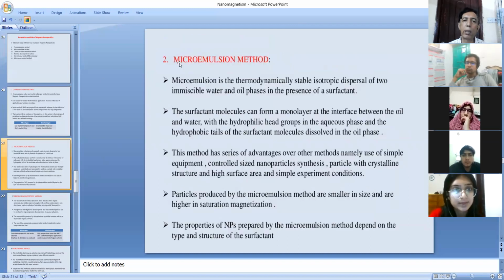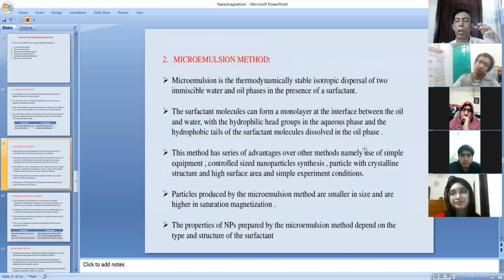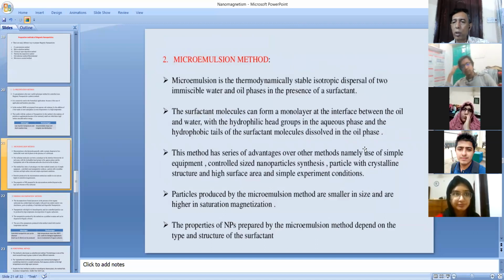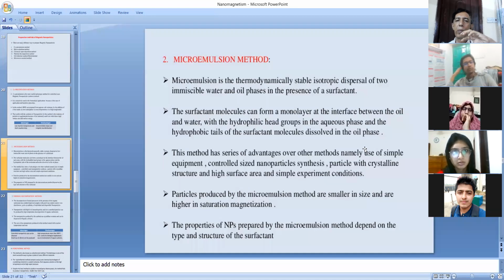And this is the microemulsion method. In the microemulsion method, it is like a soap. Soap has a hydrophilic portion and a hydrophobic portion. Microemulsion is the thermodynamically stable isotropic dispersal of two immiscible water and oil phases.